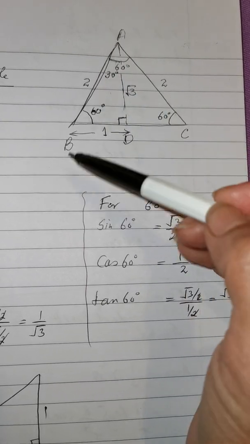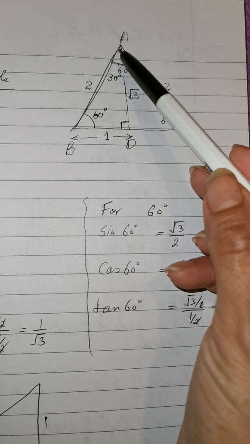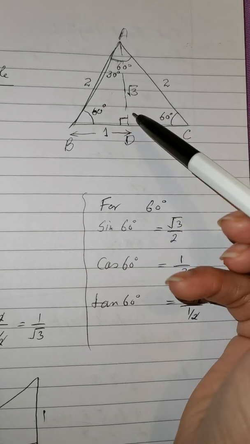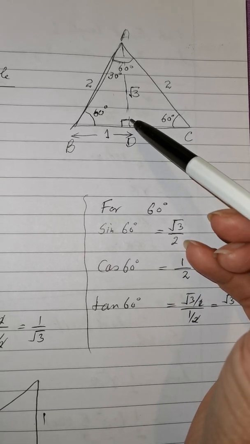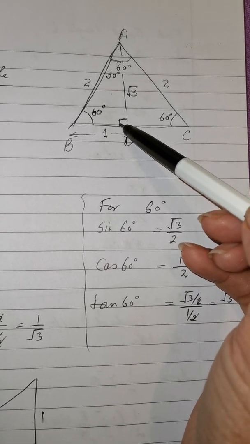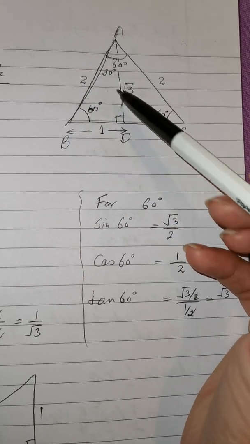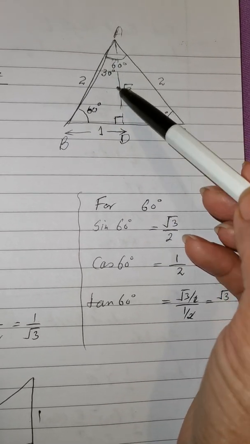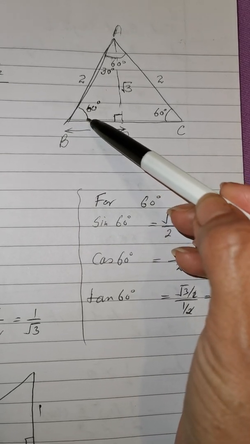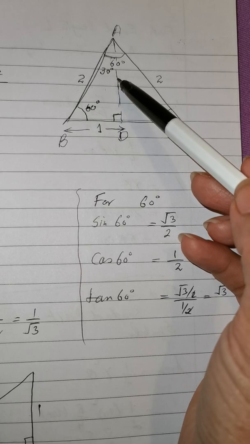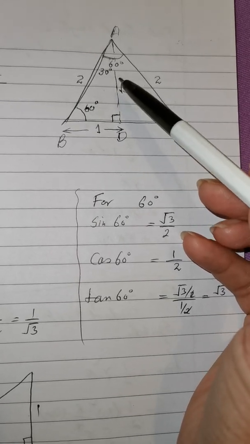If I consider triangle ABD, in this triangle you will check that this is our hypotenuse, which is in front of the right angle. If I consider this angle of 60 degree, then this side is called opposite, right? Listen very carefully.